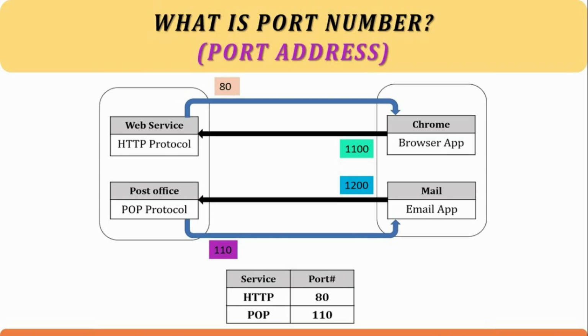Today's topic is: what is a networking port address? The networking port address is a simple port, a numerical identification ranging from 0 to 65,535, that along with IP addresses uniquely identifies specific processes, services and hosts within a network, ensuring that data reaches the correct application.